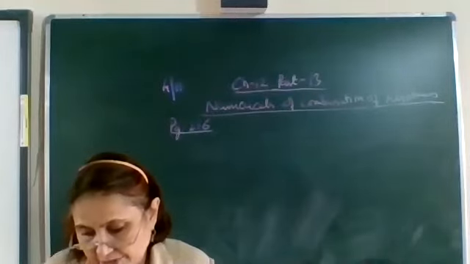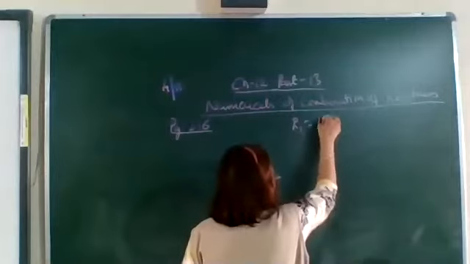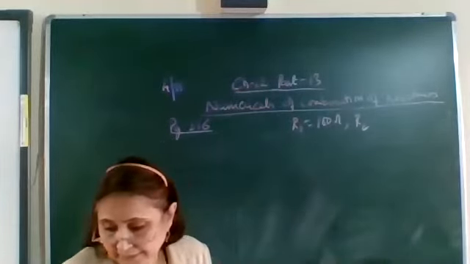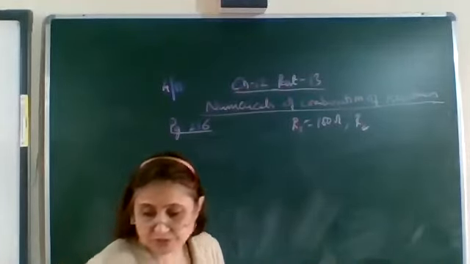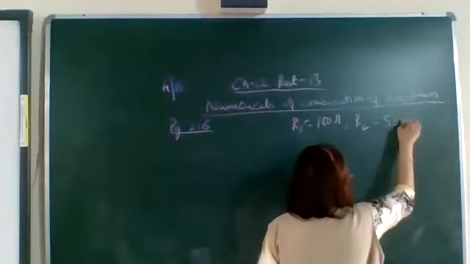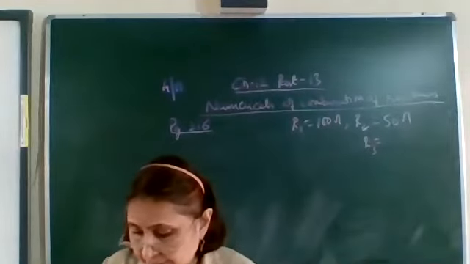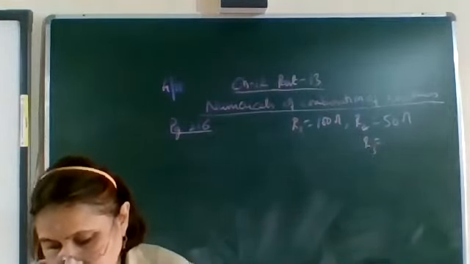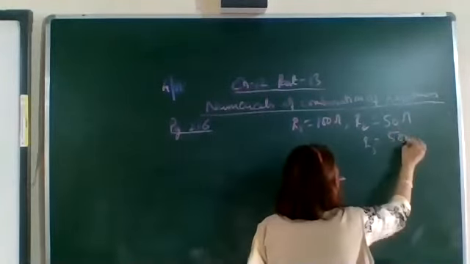Electric lamp is 100 ohm, so let R1 is the resistance of electric lamp, which is given as 100 ohm, and toaster is of 50 ohms, let its resistance is R2, which is given as 50 ohms, and the third component is a water filter of 500 ohms.